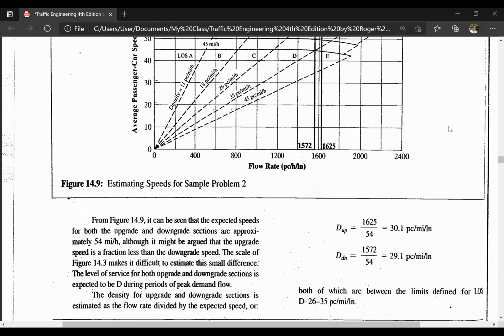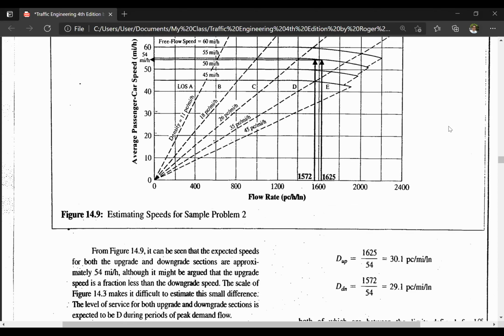So the density up and density down you can find to be 30.1 and 29.1 respectively. And if you look up from the table, it's also easy to use.